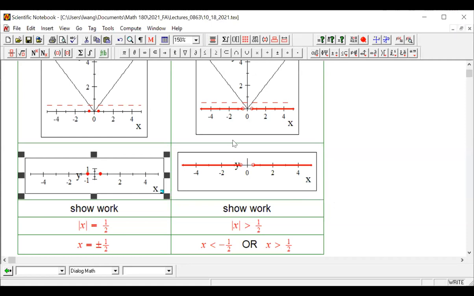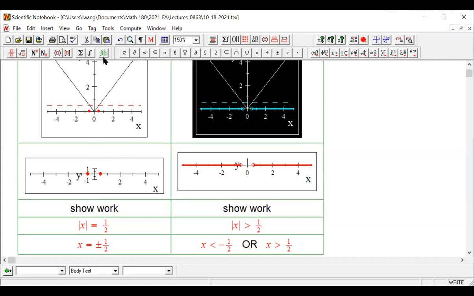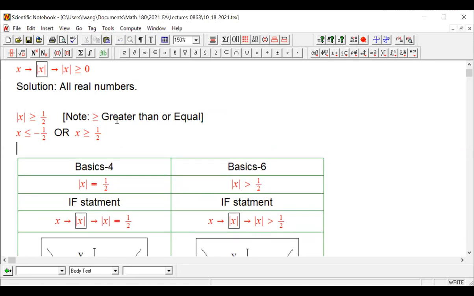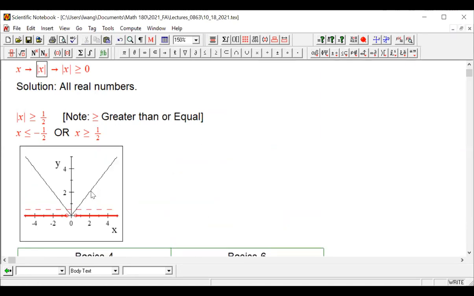Okay, so really for this particular question, you can combine these two cases into one. How do I combine these two cases in one?